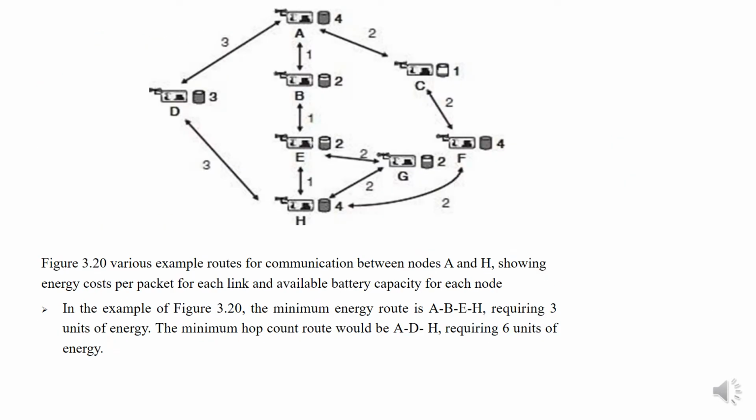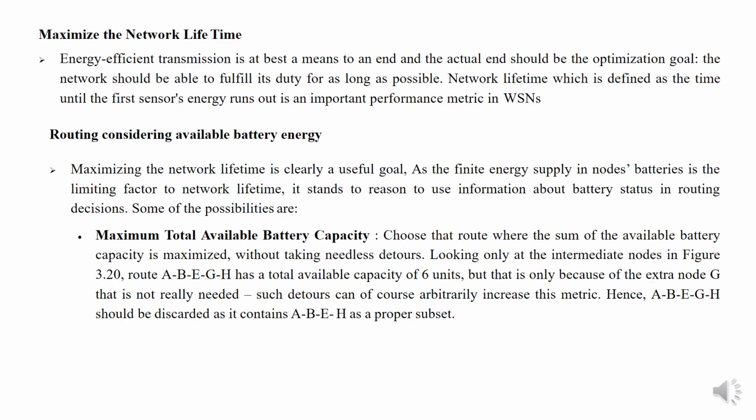Figure 320 shows various example routes for communication between nodes A and H, showing energy cost per packet for each link and available battery capacity for each node. In the example in figure 320, the minimum energy route is ABEH, requiring 3 units of energy. The minimum hop count route would be ADH, requiring 6 units of energy.